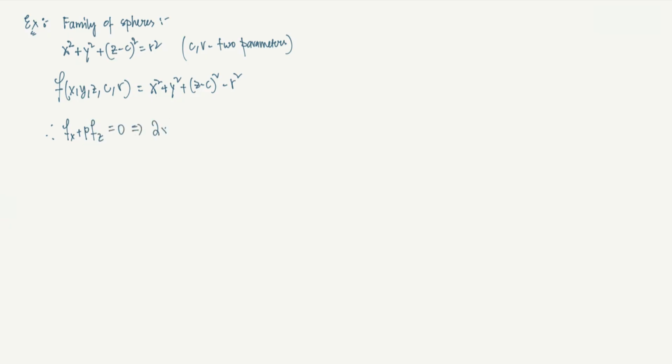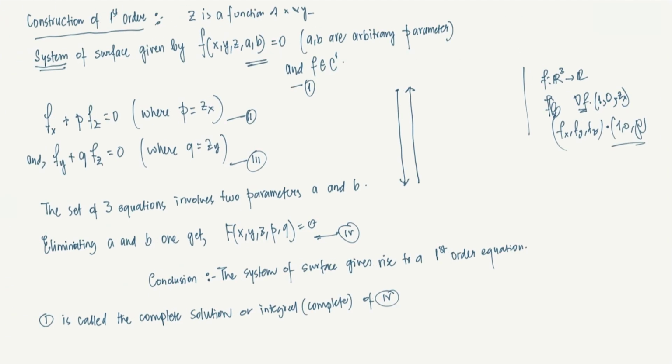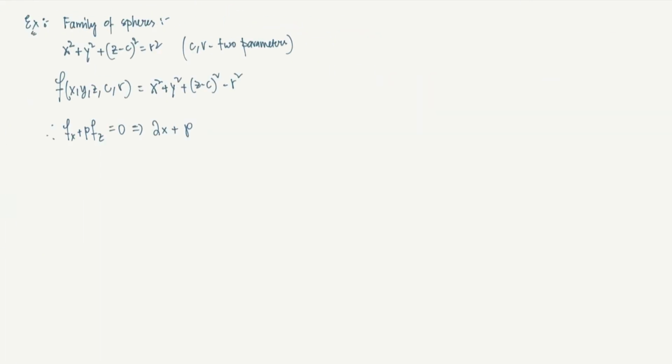It is 2x, plus p fz, where p is zx. Now if you are taking this with respect to z, it becomes 2(z minus c), and that is going to be 0. So essentially you can cancel the 2 out, so it becomes x plus p(z minus c) equals to 0.